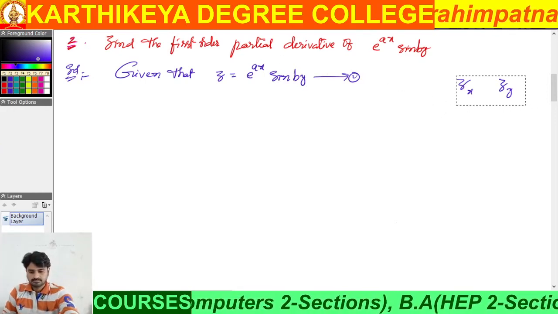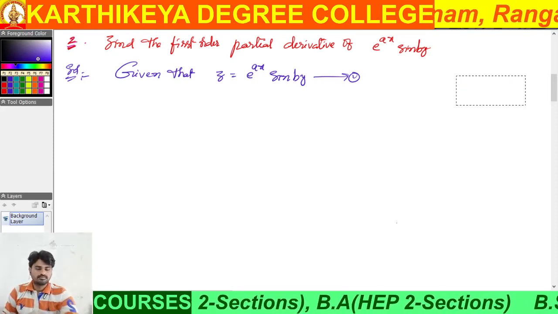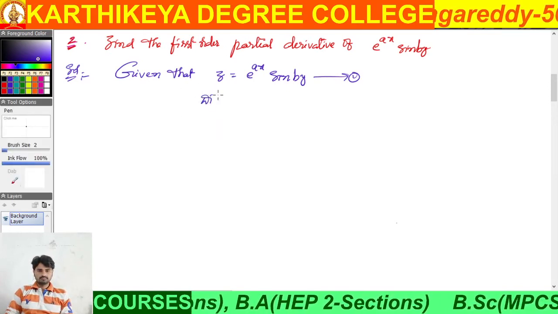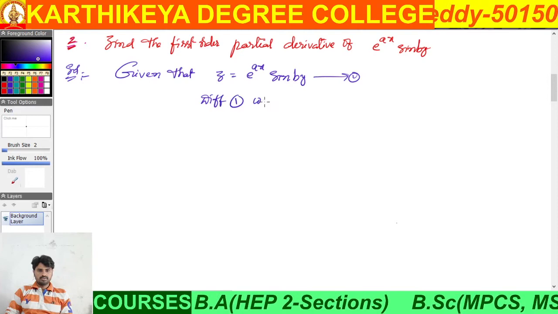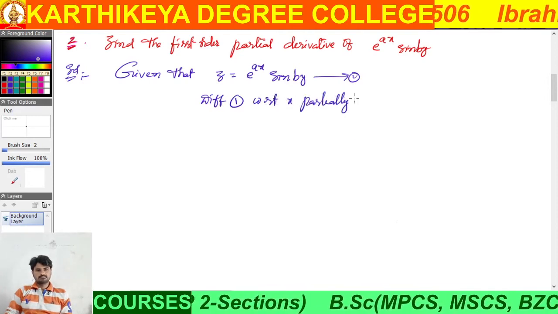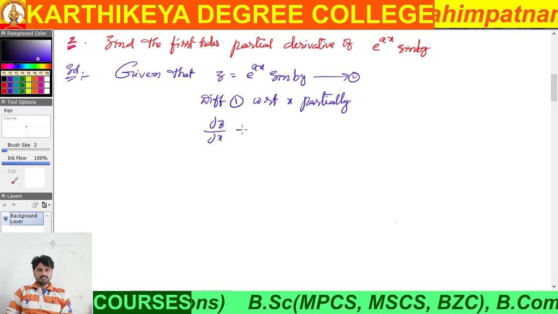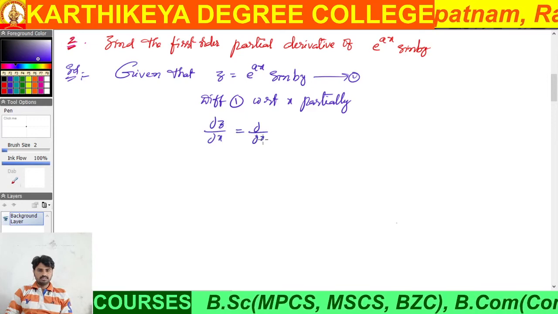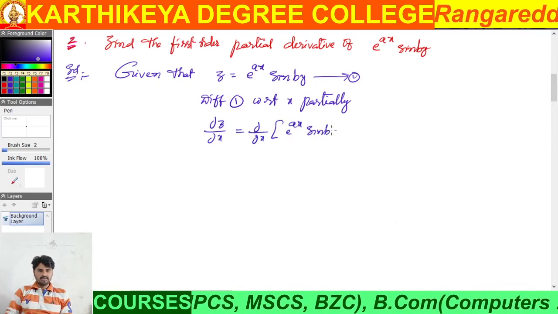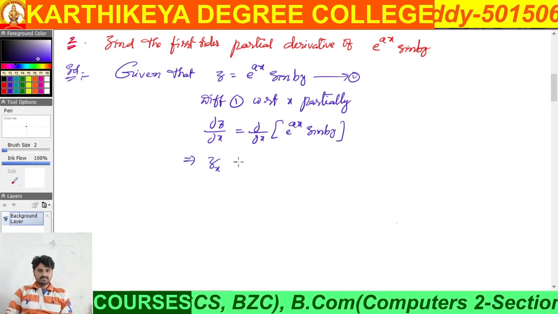First, differentiating 1 with respect to x partially, what you get is dou z by dou x equals dou by dou x of e to the power of ax times sin by. This will be z_x.